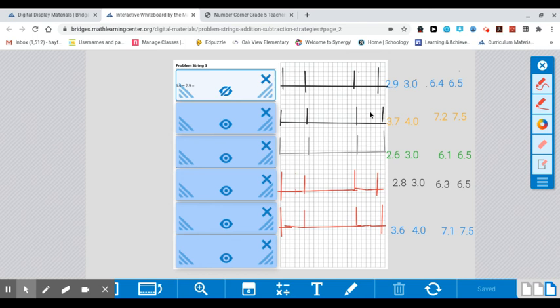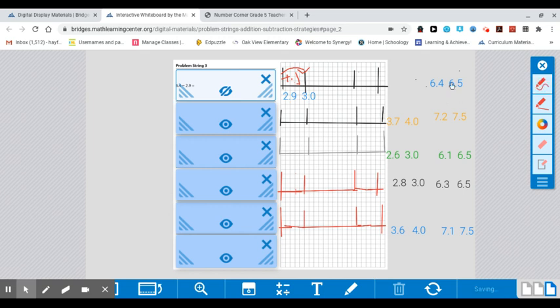Looking at this problem, I think adding 1/10 to each number will be the best way to go. So right here, from 2.9, we're going to add 1/10 to give us 3.0. And what we do to one number, we have to do to the other number.